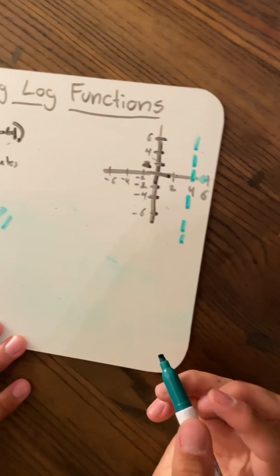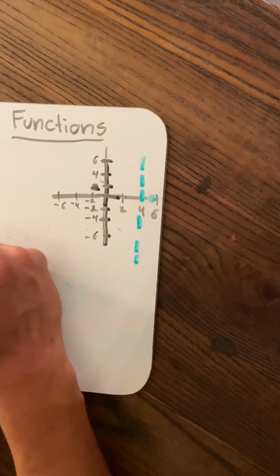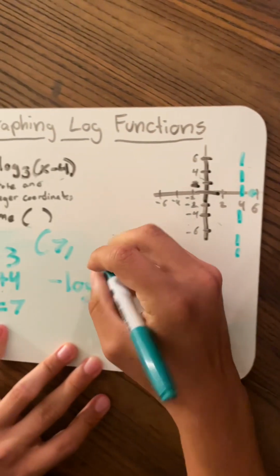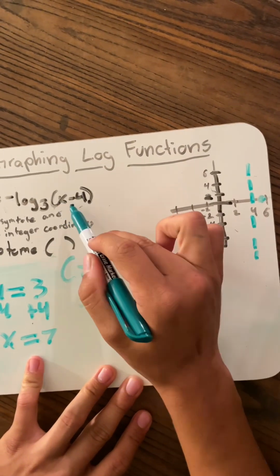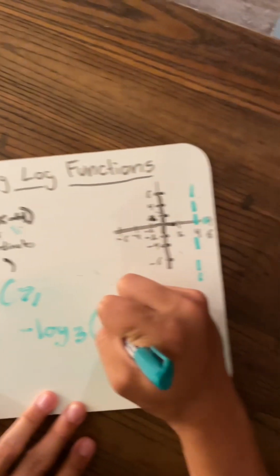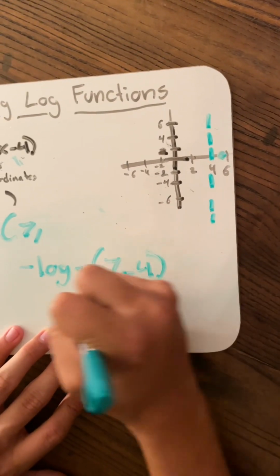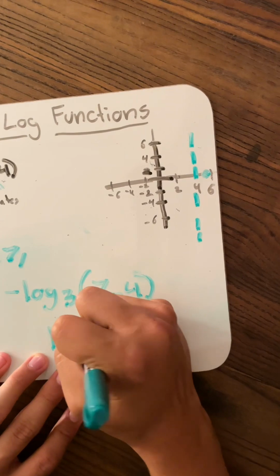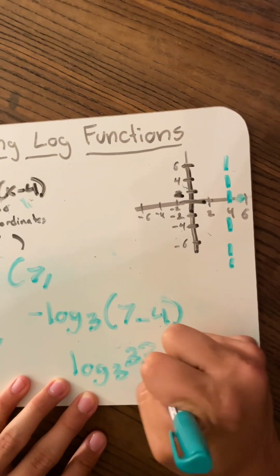Our next step is to plug the 7 back into the original equation. So we have negative log base 3 of parentheses 7 minus 4, substituting the x. 7 minus 4 is 3. So now we have log base 3 of 3. This is equal to 1.